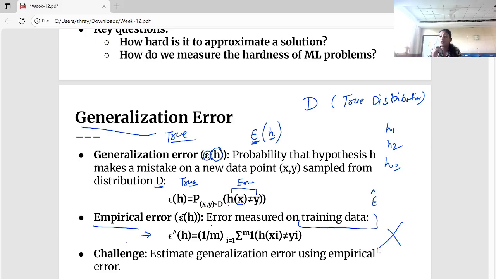For that purpose we have to define some more things. The challenge is that we can estimate the generalization error only using the empirical error. In our hand we have the empirical error, but our goal is to minimize the generalization error. So we have to move this empirical error closer towards the generalization error and then minimize it. How to do that?